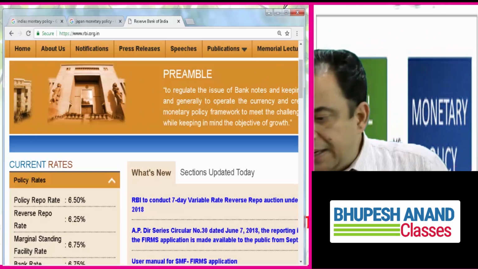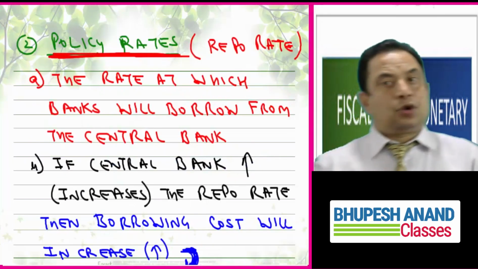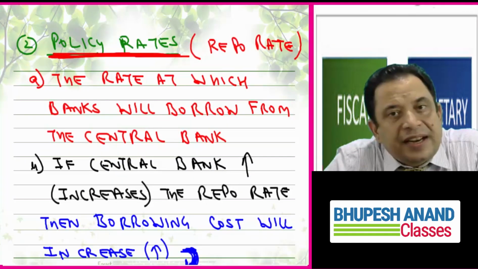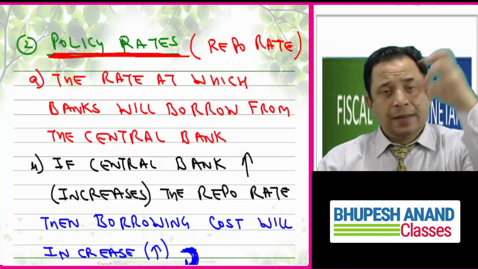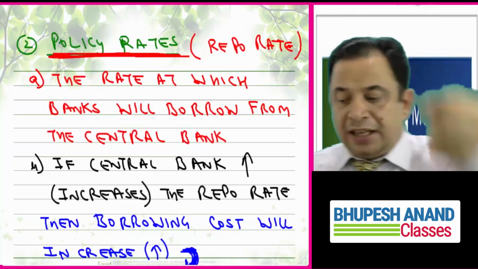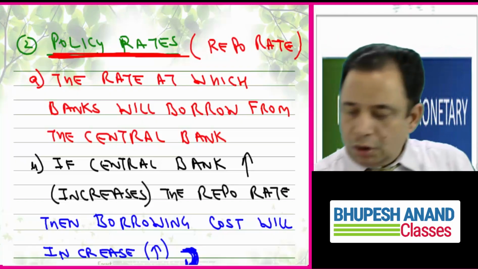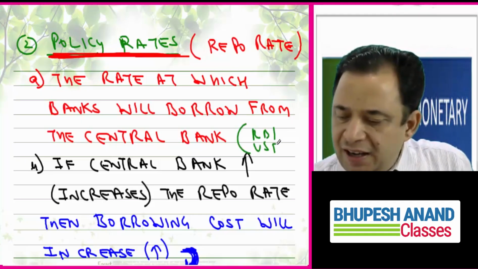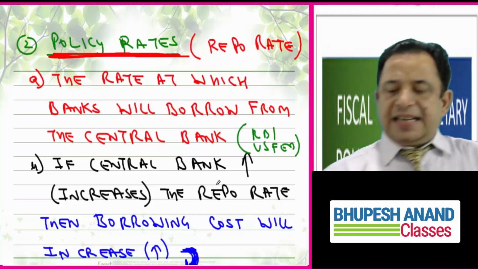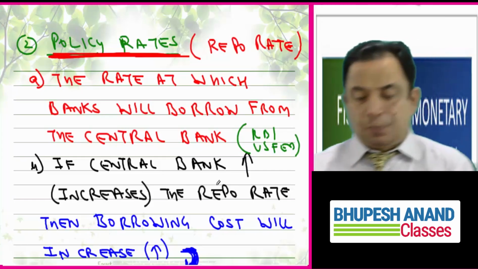So the first point I want to tell you is policy rates. Policy rates means repo rate and reverse repo rate. For repo rate, it is the rate at which banks will borrow from the central bank. For India I will say RBI, and for the USA, I will say the US Fed. The rate at which banks borrow from the central bank is named the policy rate.